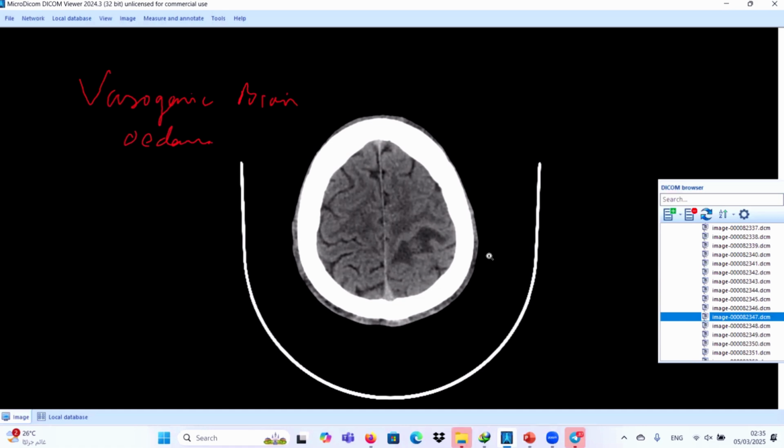Vasogenic brain edema is characterized by a leak of fluid from the capillaries into the extracellular spaces. If we need to draw the cells of the brain, and these are the capillaries, the water will leak from the capillaries to the extracellular space.